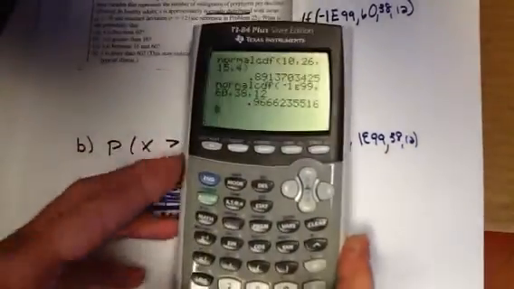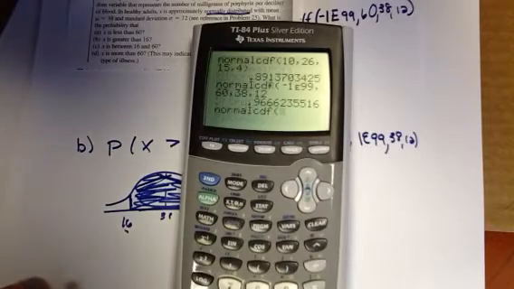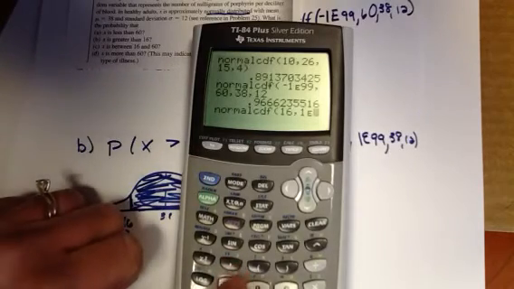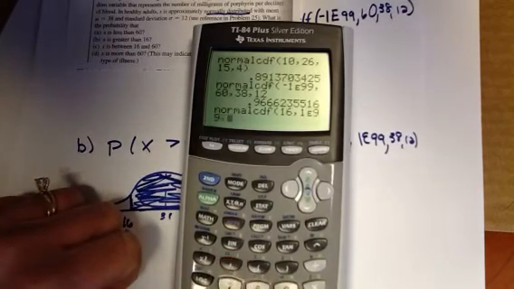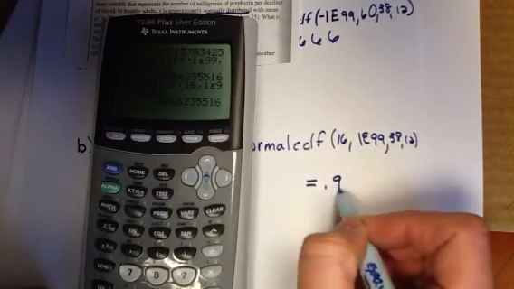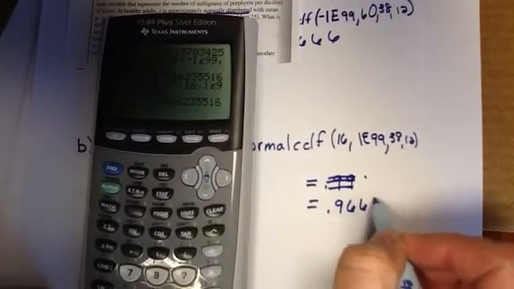So we do our calculator again. We do second distribution, normal CDF, 16, comma, 1 E. Remember E is above the comma key. 99, comma, 38, comma, 12. Again, we get 0.9666.